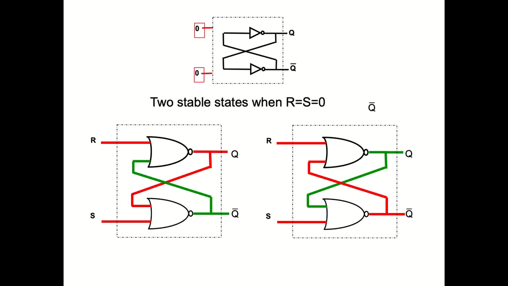And that's very stable. That won't change. It might be that the bottom NOR gate is 1 and the top one is 0, or it could be the other way. And that's how we remember something. We remember a 1 or a 0. We remember 1 bit, depending on which state we're at. And this won't change unless we change RS.